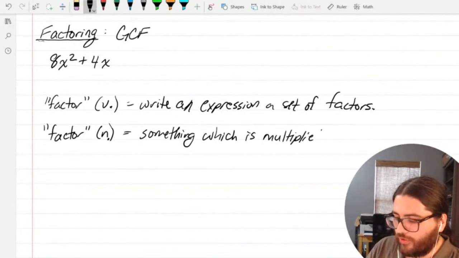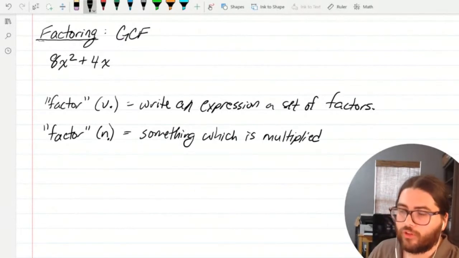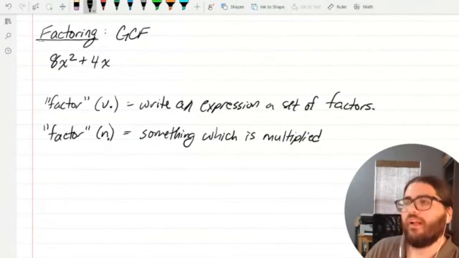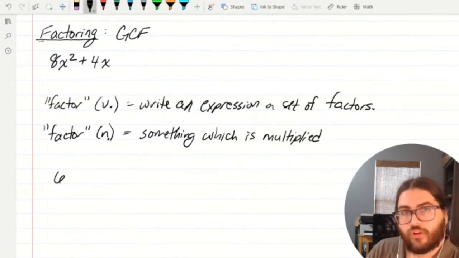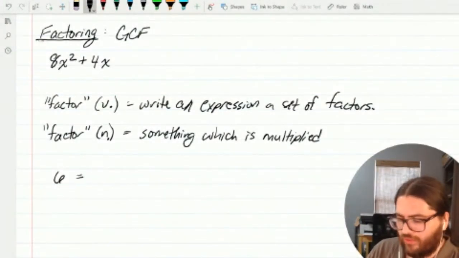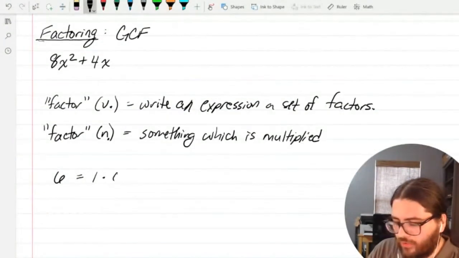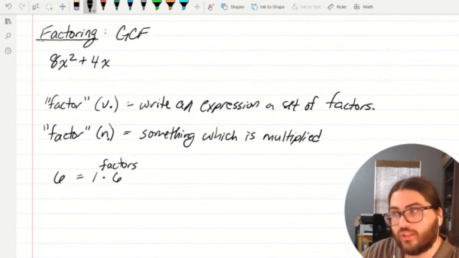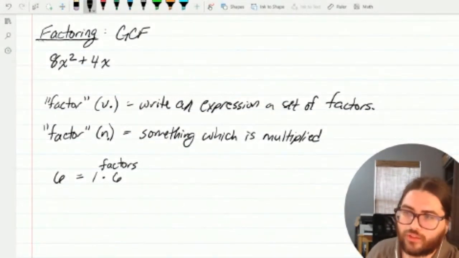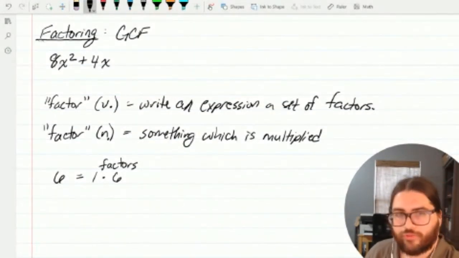You've probably already used this word to describe other things, maybe not variables, but if I said, what are the factors of 6? You might say, well, I know a couple of factors of 6. 1 times 6 is 6. These two things are the two factors of 6, because when I write them as two things being multiplied times one another, we call them factors.